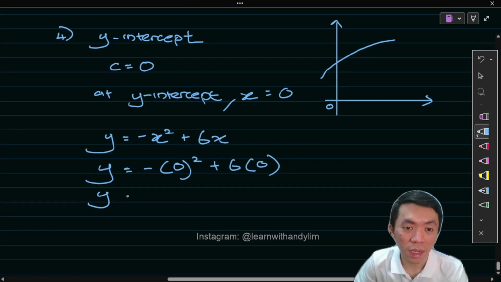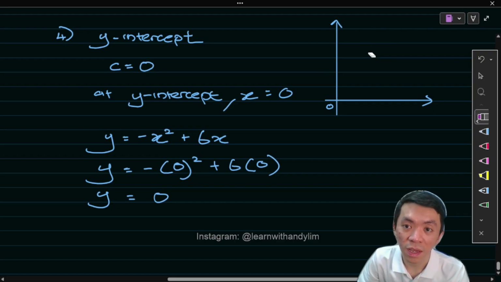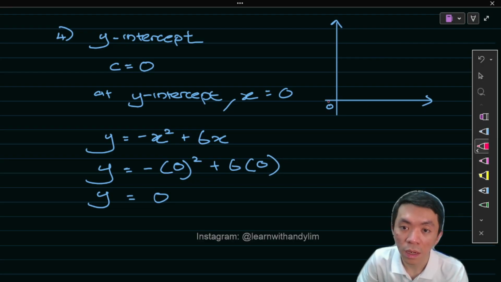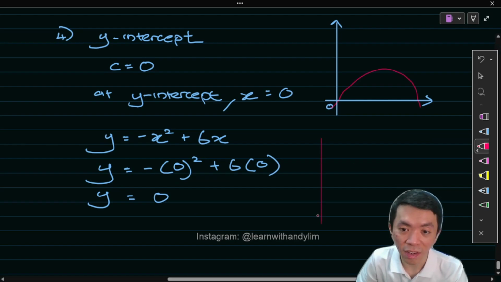My y will be equal to 0. So my y-intercept is 0 in this case. With this, there we go. I can draw our final curve.